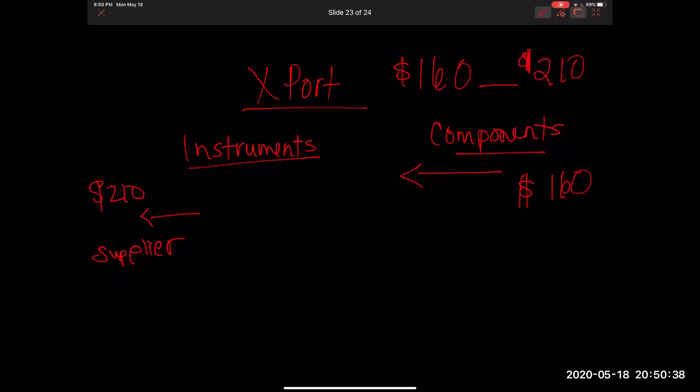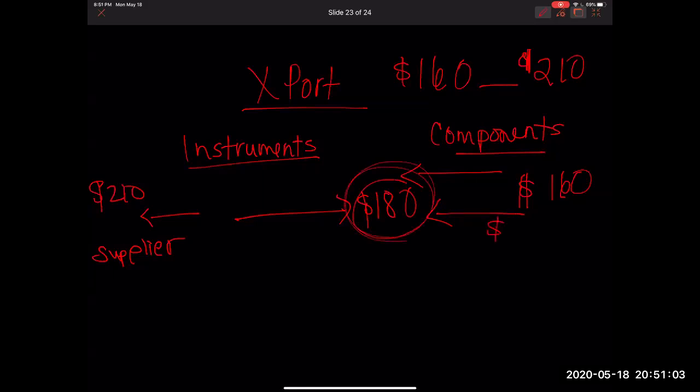But in A, it says if a transfer price of $180 per unit is established, so the instrument department is willing to buy it for 180, and the components department is willing to sell it for 180. So this is their commonality. It's a win for both of them.